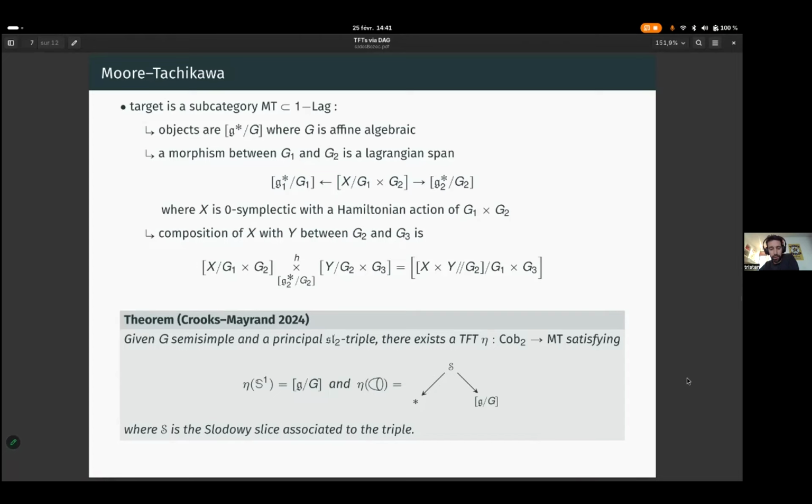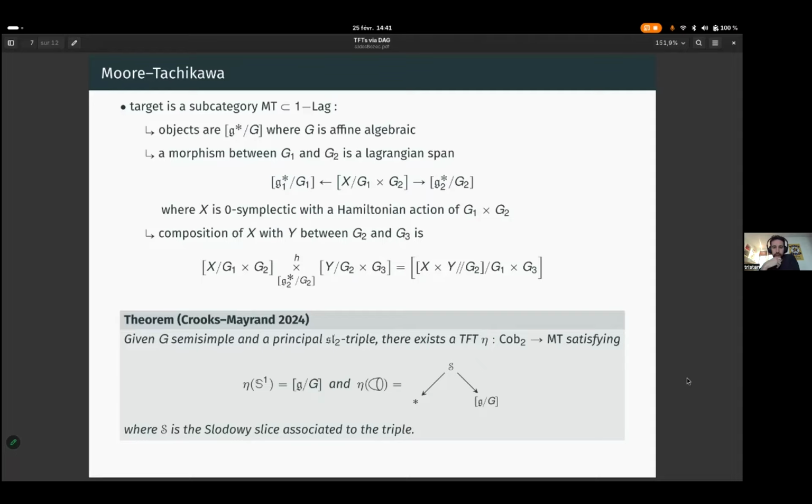The proof uses groupoids, Frobenius algebras, not much the mapping space method.